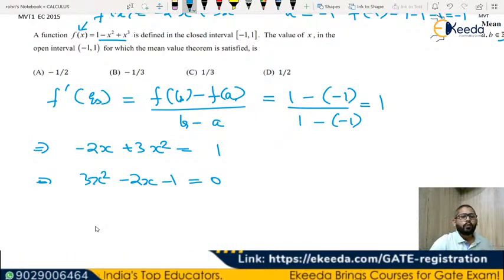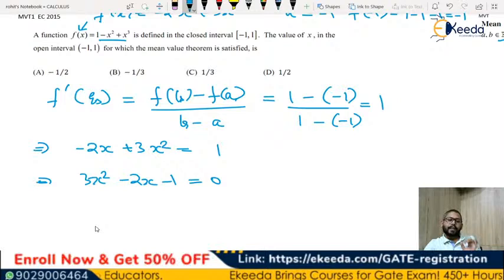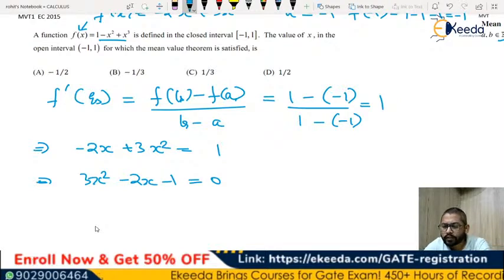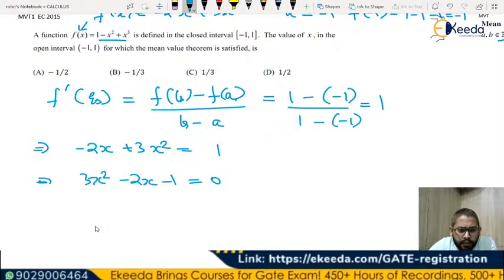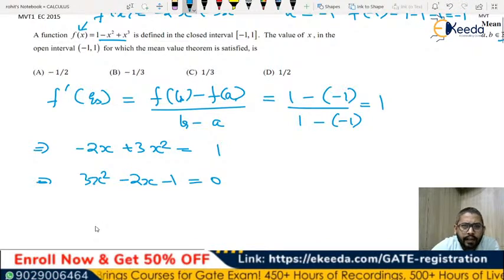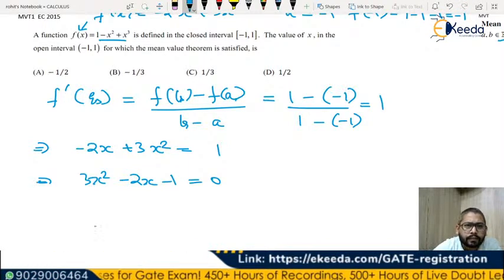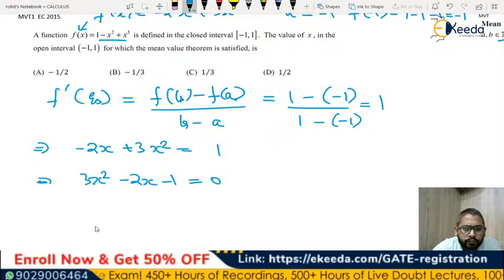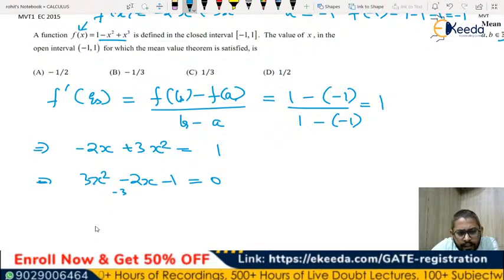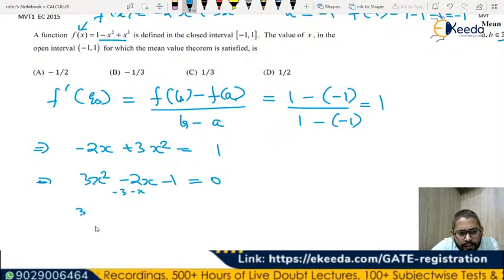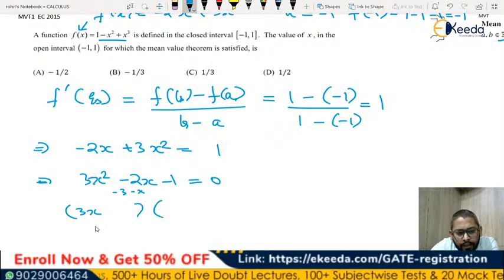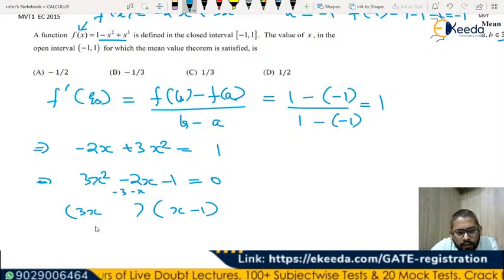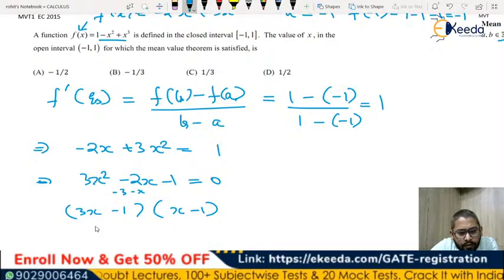So we want that this equation should be satisfied. So we can find the roots of this equation. If you see, this minus 2x can be written as, let's say, minus 3x and plus x. So let's take 3x common. This will be x minus 1, and let's take 1 common.